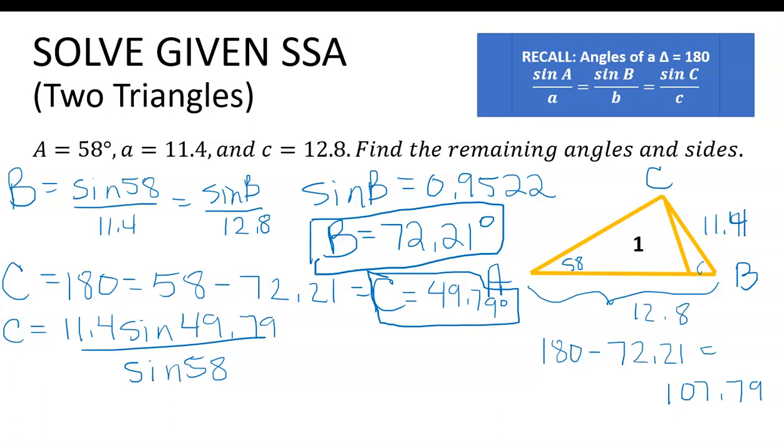Remember, you're multiplying the side times the angle, and then you're dividing that by the other side, and you will get that side C is 10.27. They have not given us a unit in this problem, so you can keep it like this. They didn't tell us inches or feet or anything.